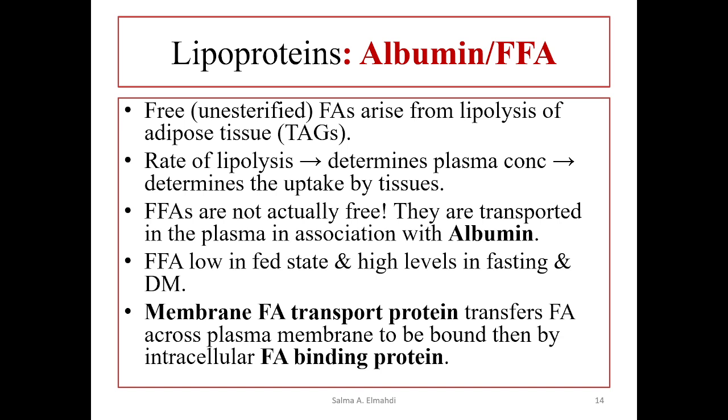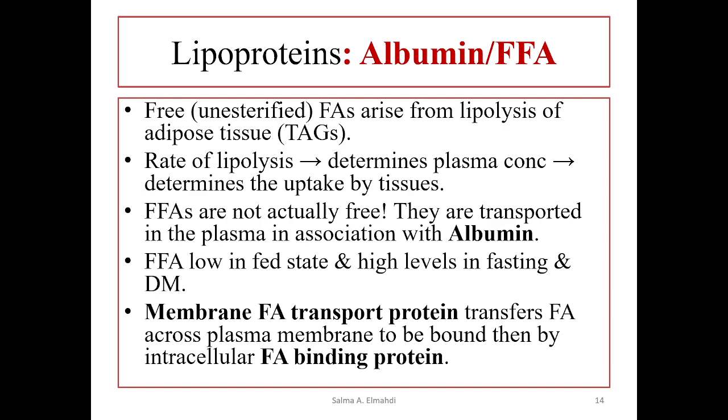What about albumin and free fatty acid? When we say free fatty acid in plasma or in blood, they are not actually free. They are transported within albumin. So albumin helps in transporting free fatty acids in circulation.